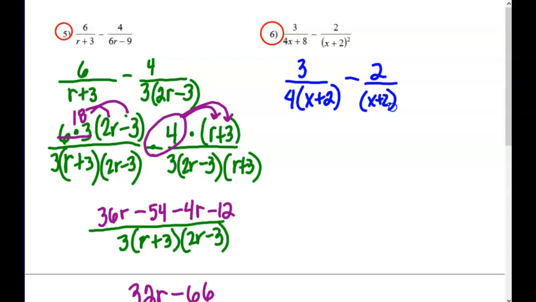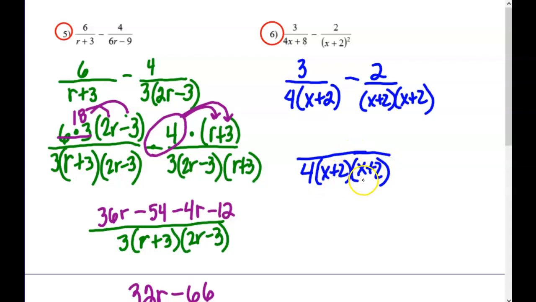This one has an x plus 2 and another x plus 2. So what does this first one need that it doesn't currently have? What is the common denominator, I guess, is what I need. It needs a 4 and an x plus 2 twice, or an x plus 2 squared. Okay, that's the common denominator.